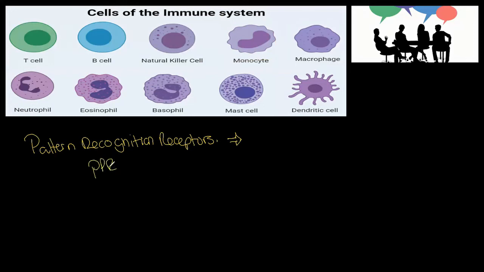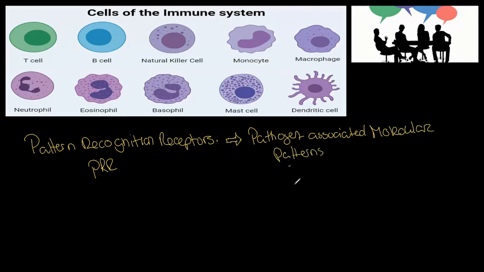So we call these PRRs, and their job is to recognize a specific molecular pattern on different invading cells. We call these pathogen-associated molecular patterns, aka PAMPs.